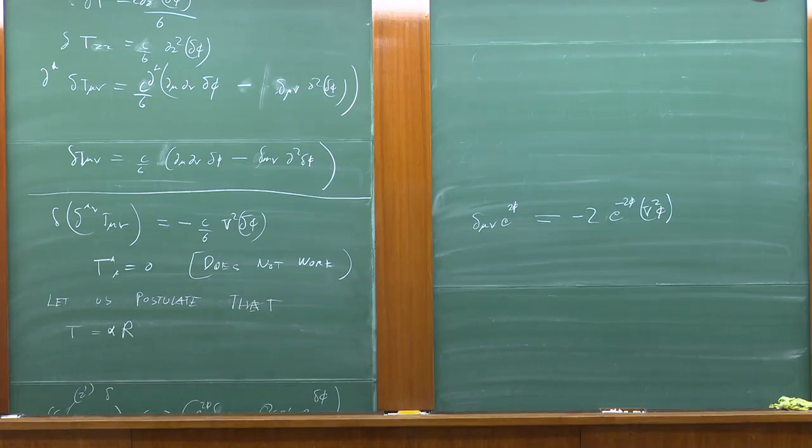This formula, by the way, is exact. But if we were working to linear order in phi, let's first look at the e to the power minus 2 phi. That had to be right, because the Ricci scalar is the Ricci tensor R mu nu with G mu nu on top. R mu nu is built out of derivatives of Christoffel symbols, and Christoffel symbols themselves are built out of G inverse G. So I have no net scaling under constant rescalings of the metric.